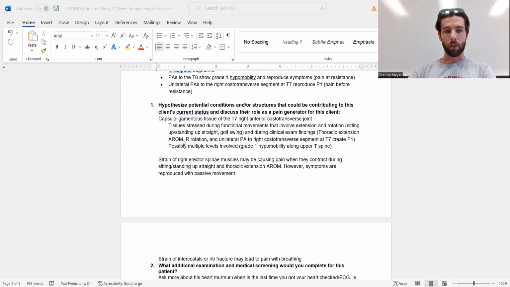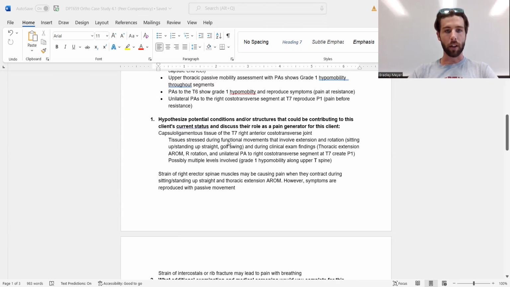And then this is also backed up by some clinical exam findings such as thoracic extension, right rotation, and unilateral PA to the right costotransverse segment at T7, which I'll recreate P1. These would all be stressing the anterior capsule, the inert tissues of the anterior capsule.